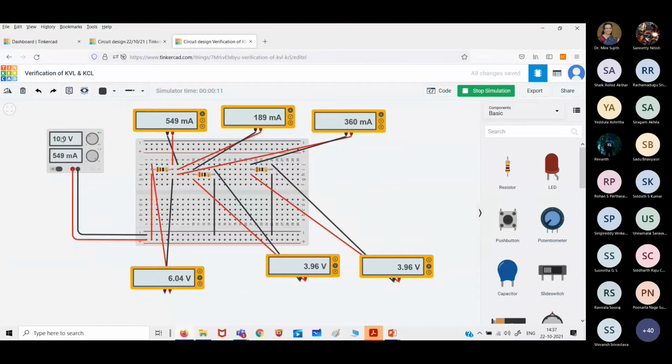So 10 volts I have given. The input voltage, what I had calculated, I mean the drop across the first resistor I got after finding out the total current. So how did I get the total current? Let me show you here. This one.